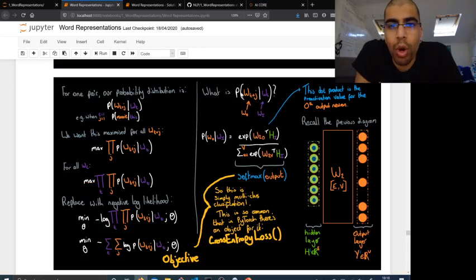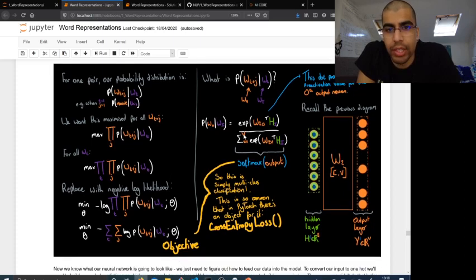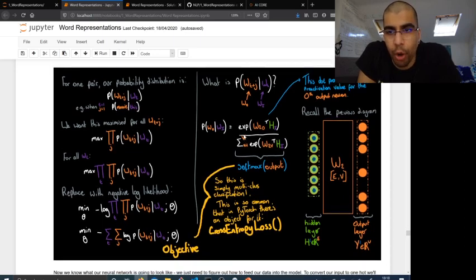Okay, so what is this probability distribution? Well, as I mentioned before, it's a softmax over our outputs.